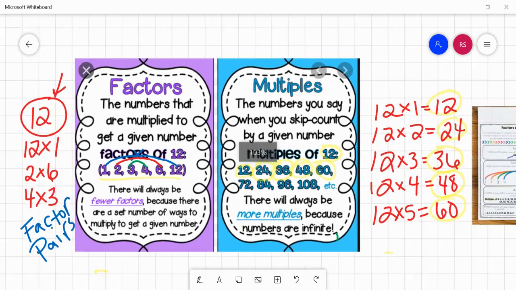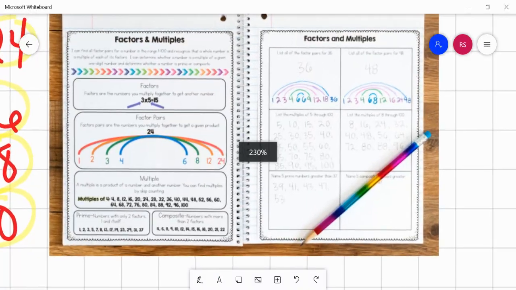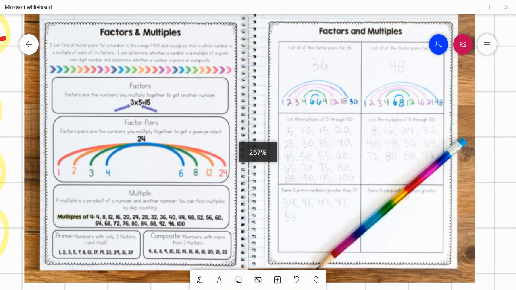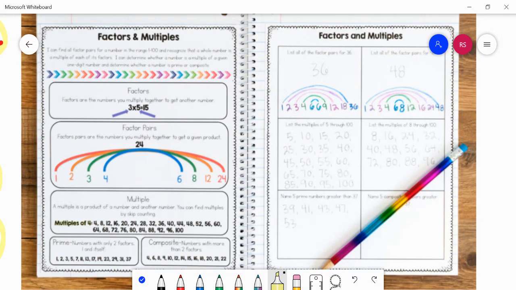Now, I want to go over here for a second just to show you some more examples, and I'll try and zoom in as much as I can. So remember, factors and multiples are a little bit different, right? Factors are when we have two numbers that multiply together to find a particular number. So for instance, let's take a look right here.